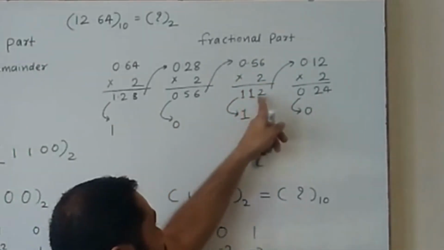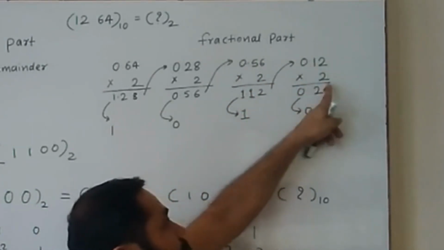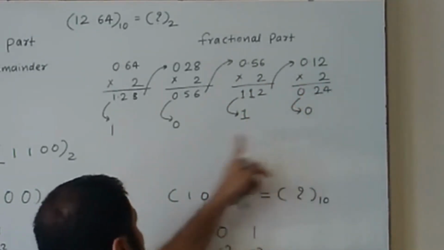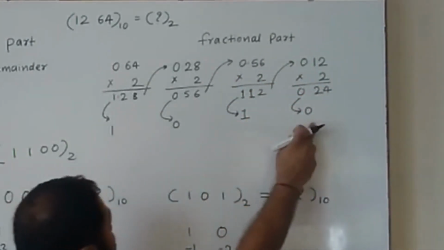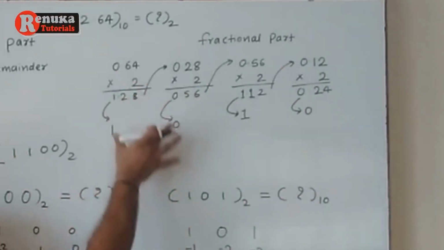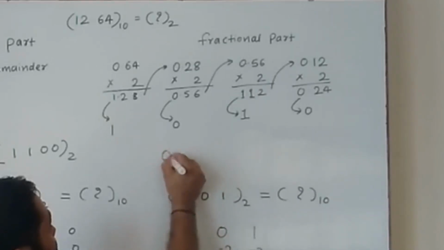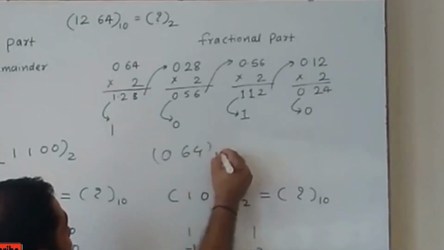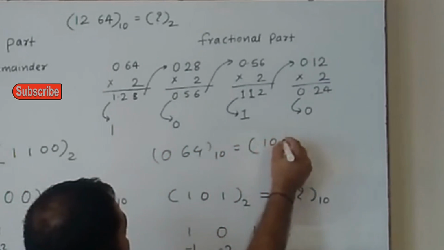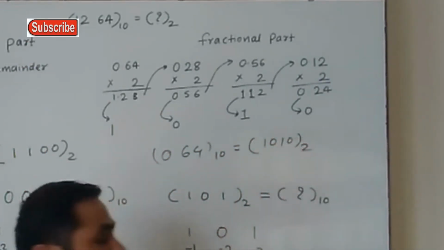Again taking 0.12 as the fraction and multiplying by 2, 0 will be the integer. So 1010 is the integer sequence for the fractional part. So 0.64 in decimal is equivalent to 1010 in binary.